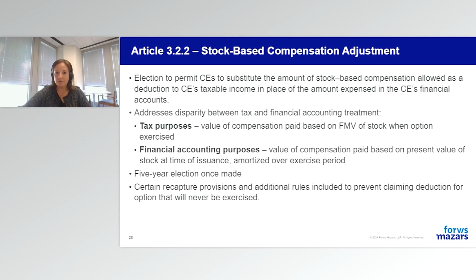And some of the reasoning would be for tax, the value of the compensation is based on the fair market value of the stock when the option's exercised. But for financial accounting, the value of the compensation is based on the present value of the stock at the time of issuance, amortized over the exercise period.